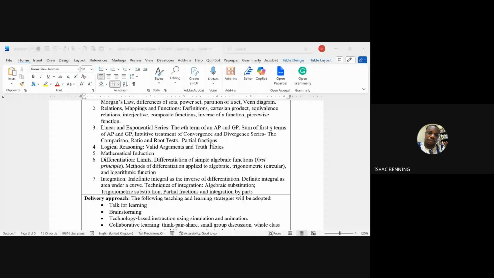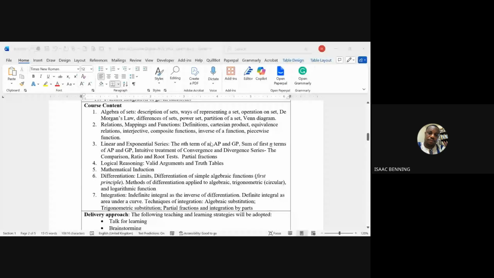So these are the areas we shall cover. That means when you lay your hand on any algebra book or any calculus book and you are reading, focus on this content.